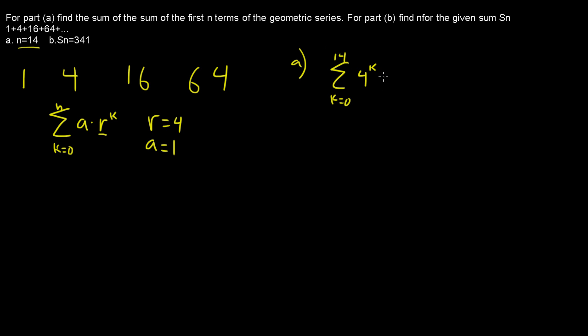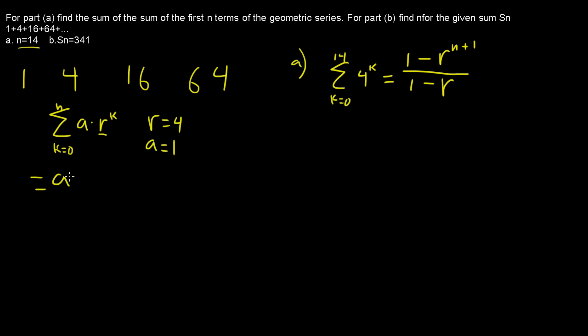Now, if you look in your book or in your notes, you should find an equation that says this is equal to 1 minus r to the n plus 1, divided by 1 minus r. Let me show you the base equation.